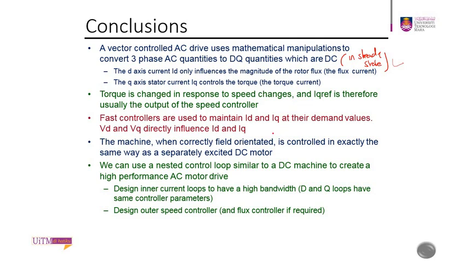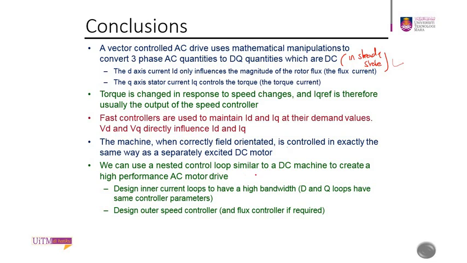Fast controllers are used to maintain ID and IQ at their demand values. So VD and VQ directly influence ID and IQ. And the machine, when correctly field oriented, is controlled in exactly the same way as a separately excited DC motor, and we can use a nested control loop similar to a DC machine to create a high performance AC motor drive.